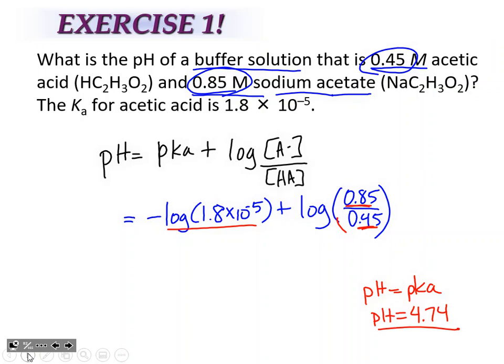And it is, because you should have gotten 5.02, right? But is it really that far off? It's really not that far off. It really did not move too much for this buffer solution. With a little bit more base in there, it's going to buffer around this 5 pH here. Not too difficult. Easiest buffer problem there is going to be.